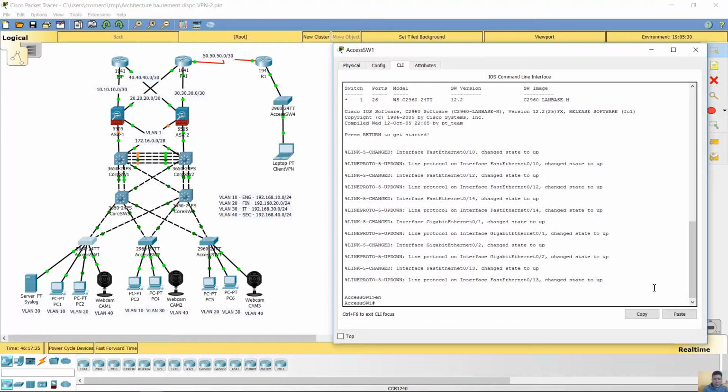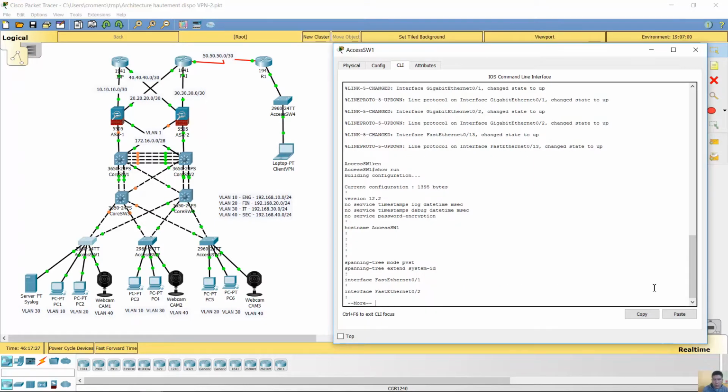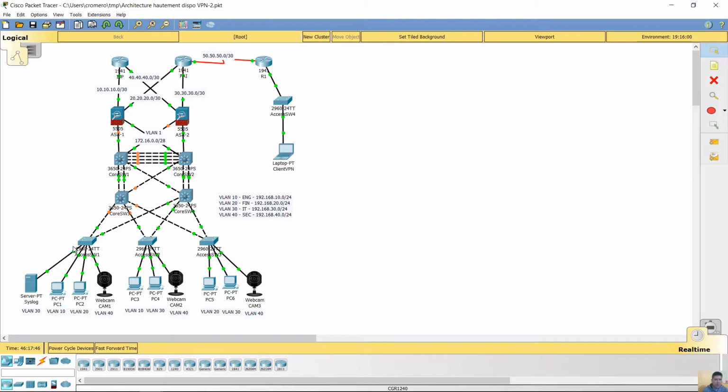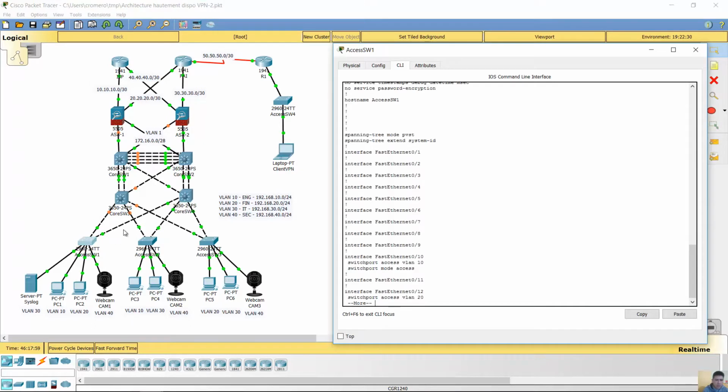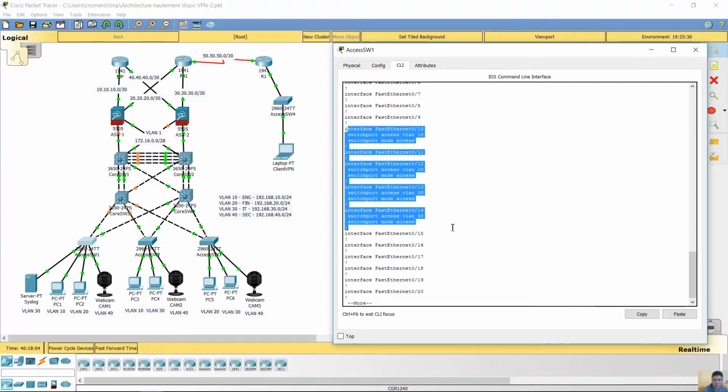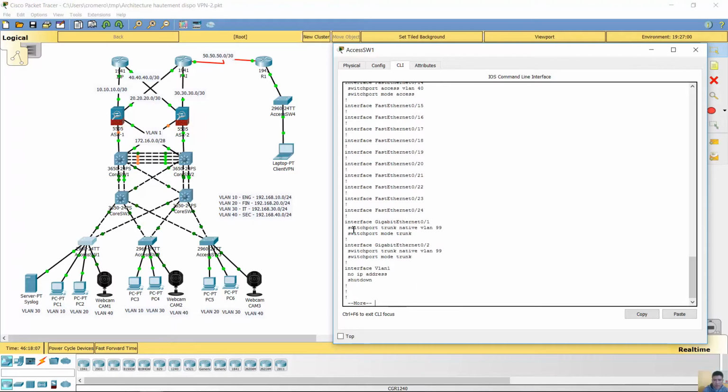Access S1 has the following configuration: show running. The access ports. These are the access ports, and this is the trunk port. These are the access ports configured for each VLAN, and these are the two trunk ports, using the native VLAN 99.